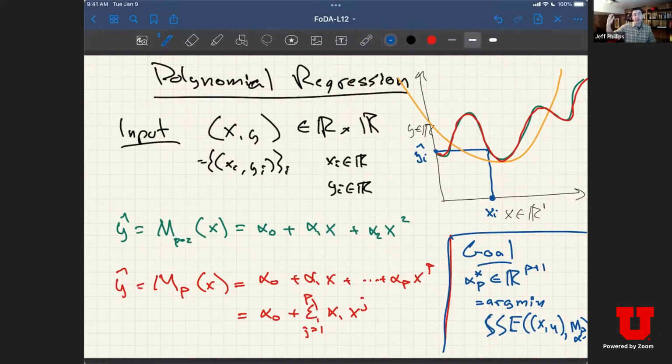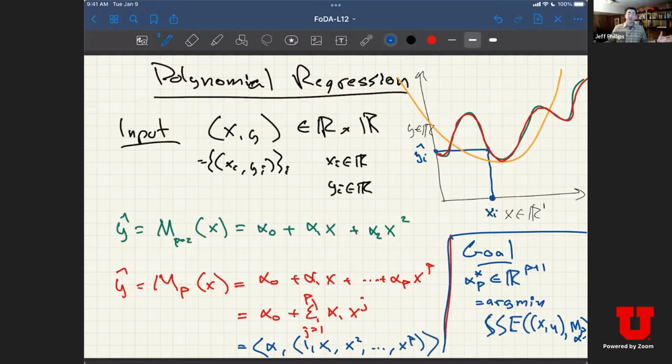Instead of a linear model, we're now looking at the polynomial model, but the trick is I can still write this as a dot product of alpha times this vector 1, x, x squared, up to x to the power p.